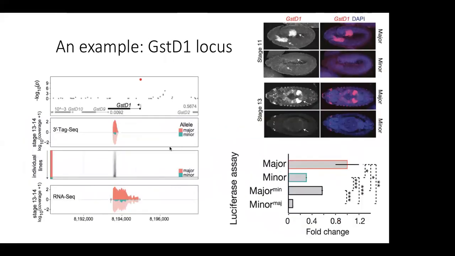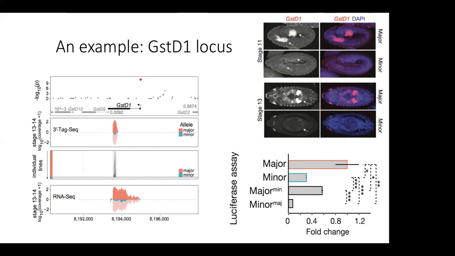Here is just an example. We look at the GstD1 locus, and I forgot to mention that we tested SNPs in more than 100 kb regions around each gene.